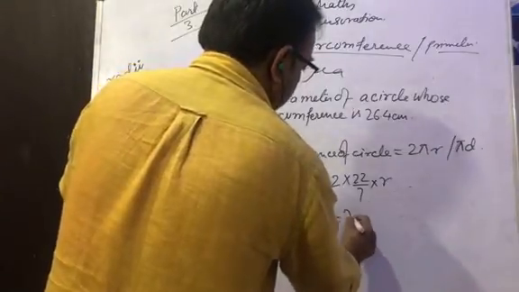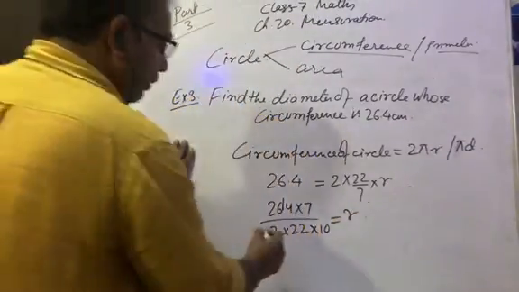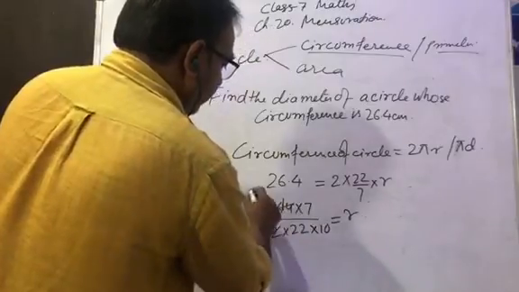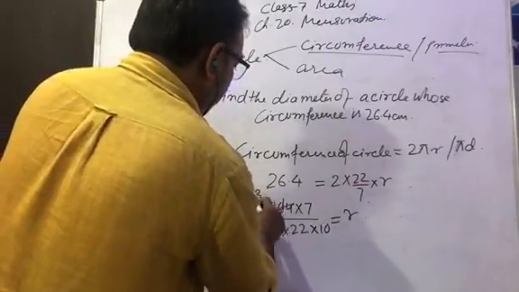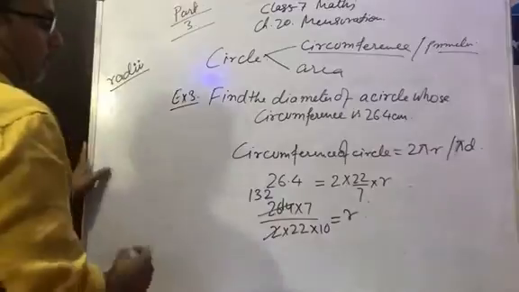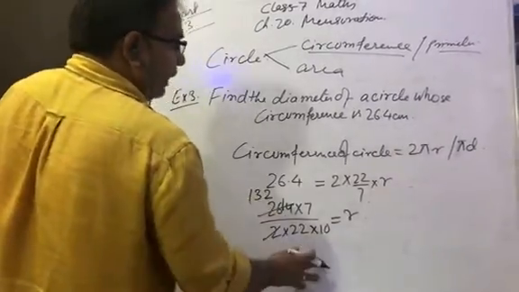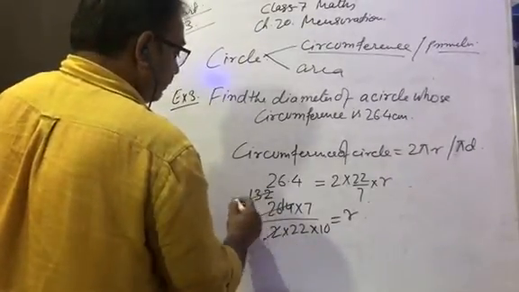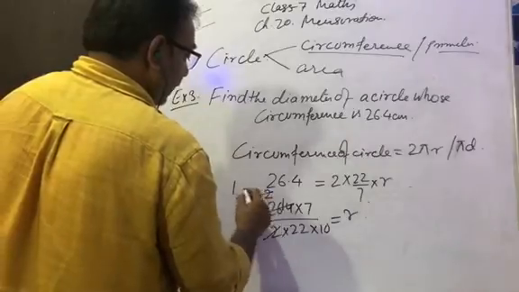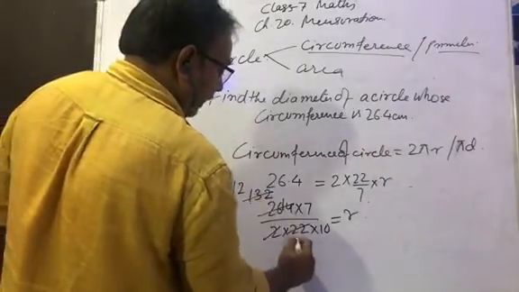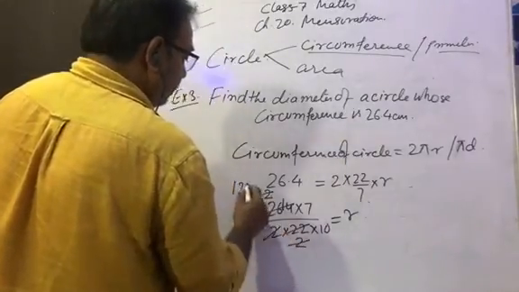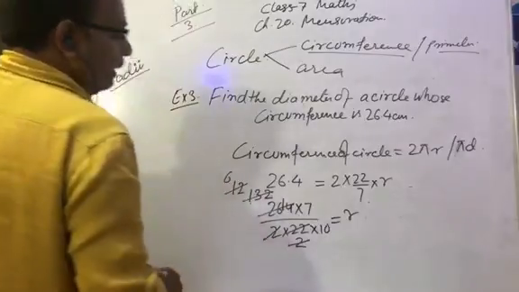You can reduce the number by 2, and 132 is divisible by 11. So 11 ones are and 11 twos are. You can cancel this is 2, 2 times, this is 6.